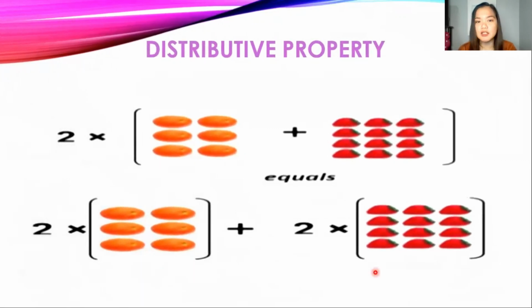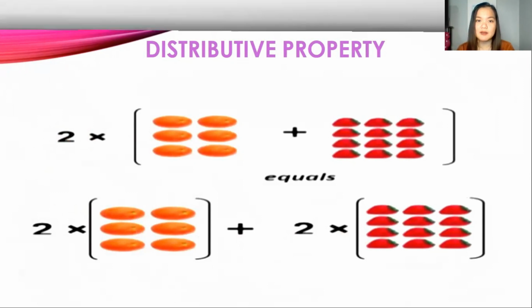So, let's have the distributive property. For example, you have oranges and you also have strawberries, and you want to double it. It is the same as doubling the orange plus doubling the strawberry.